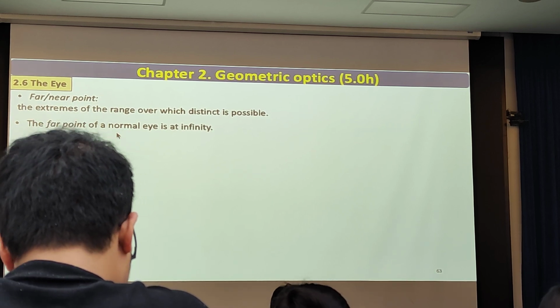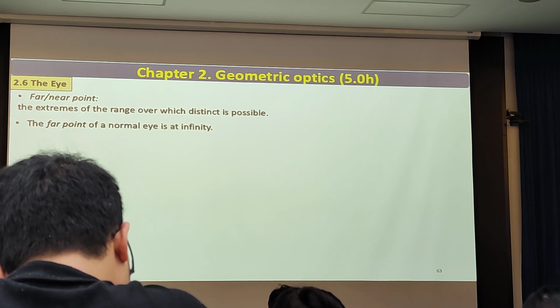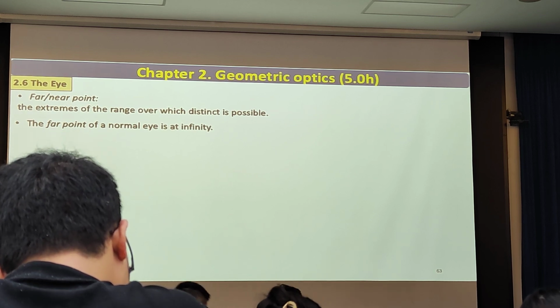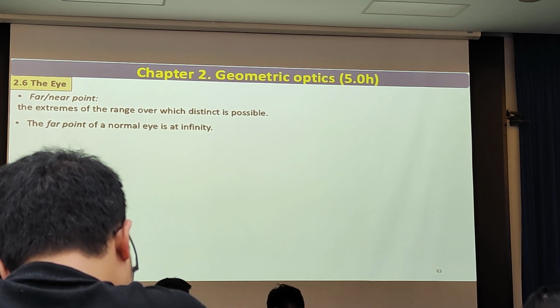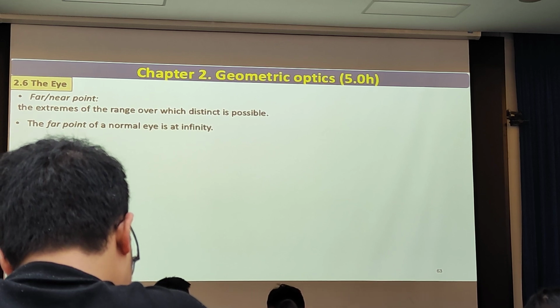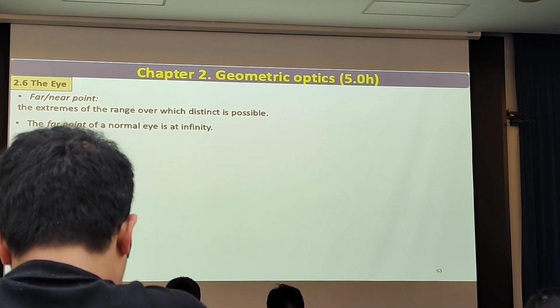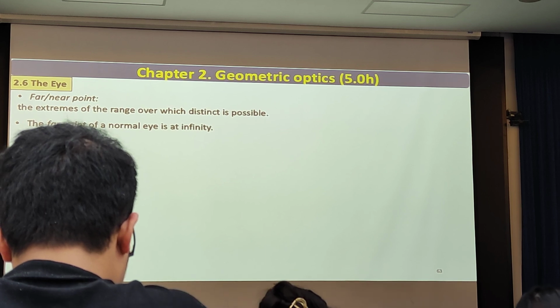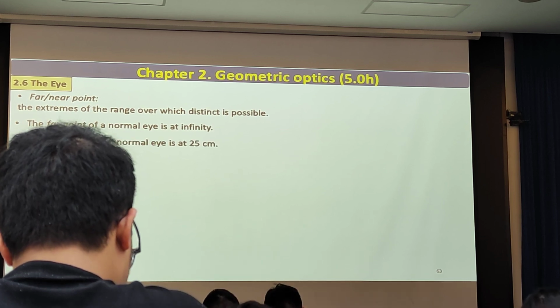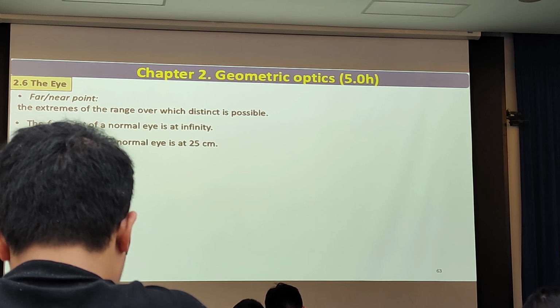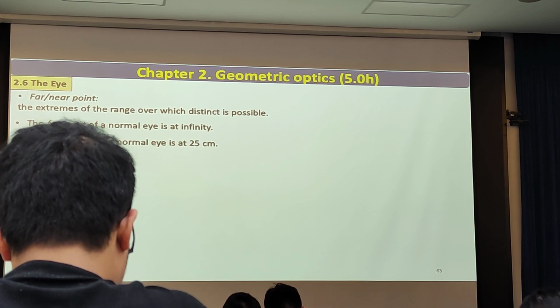Here you have the far point, or sometimes you say CV, right? And for the near point, you say CC. So CC, the near point for normal eyes, is 25 centimeters. But for some people, it can be different.